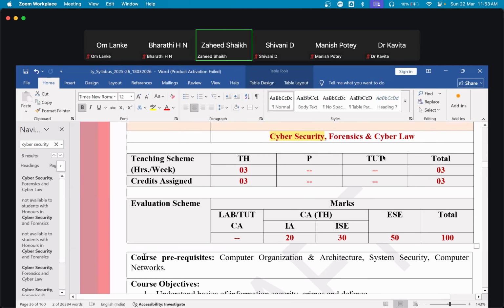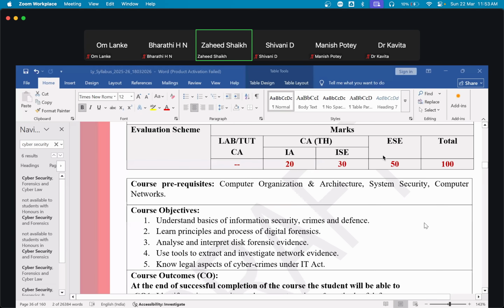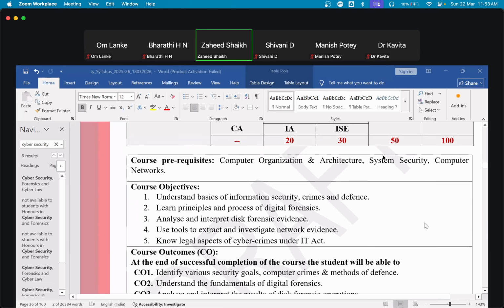So, good morning, all of you. I'll be giving you a short overview of the elective course called Cybersecurity, Forensics, and Cyber Laws. Basically, this course is more about understanding different types of cybercrimes, the corresponding investigation techniques, and the applicable laws.